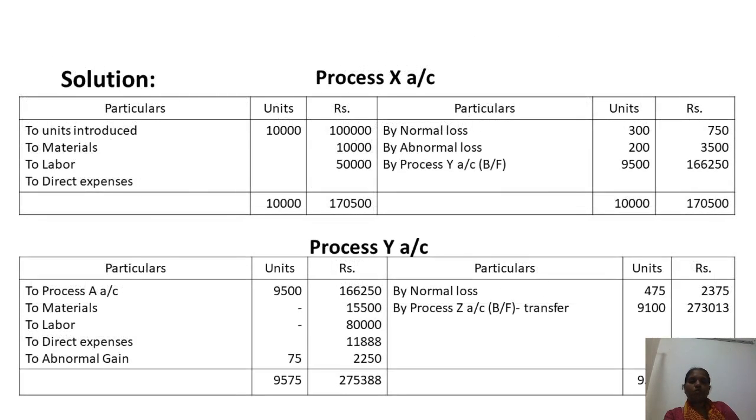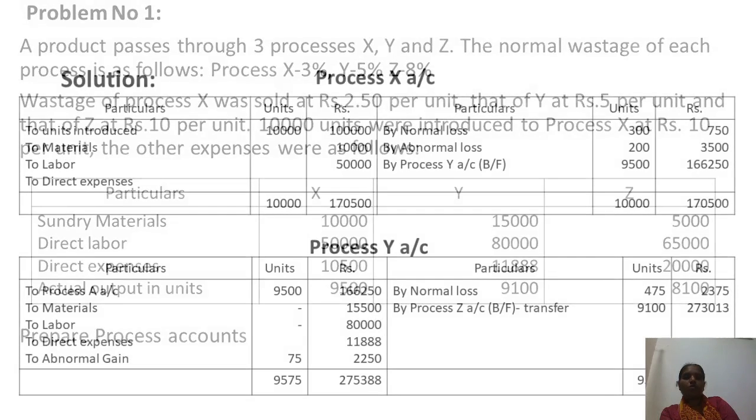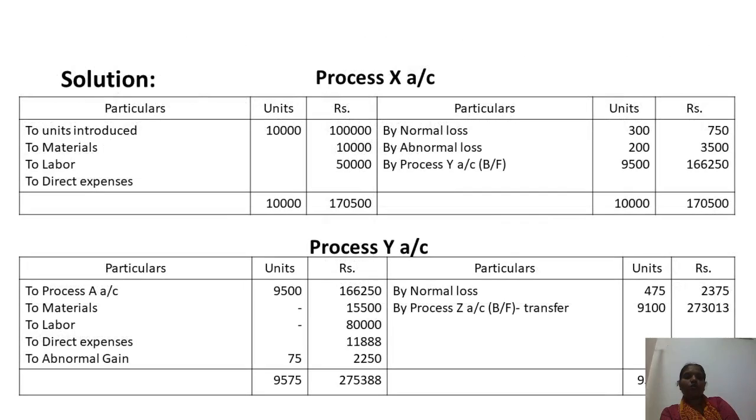So 10,000 units, 3% is 300 units. For how much amount is that sold? Wastage of process X was sold at rupees 2.5 per unit, so 300 into 2.5 is 750.